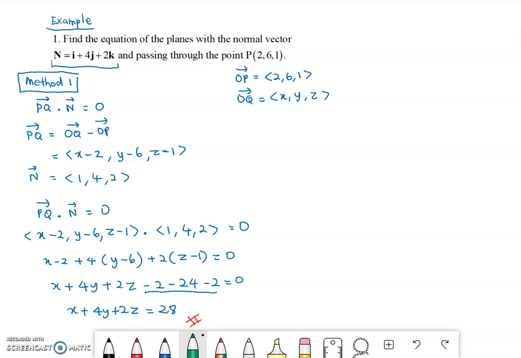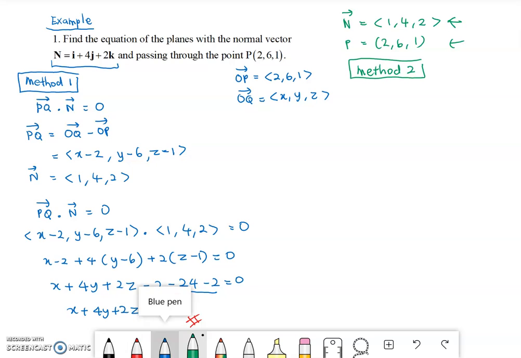Another method that can be used is, since you already have the value of the normal vector, which is 1, 4, and 2, and you have the point P, which is 2, 6, and 1, what you can do is substitute all these important values into the standard equation, which is ax plus by plus cz equals ax naught plus by naught plus cz naught.